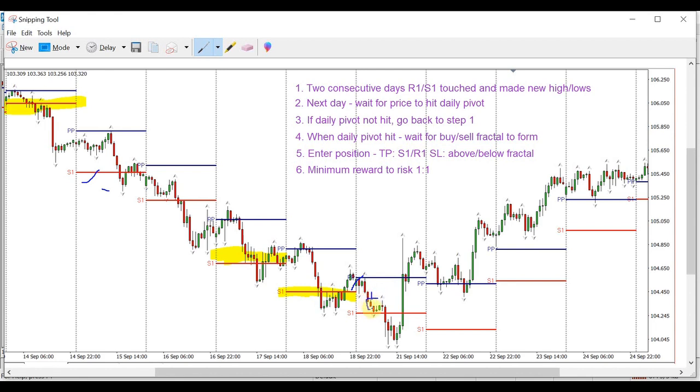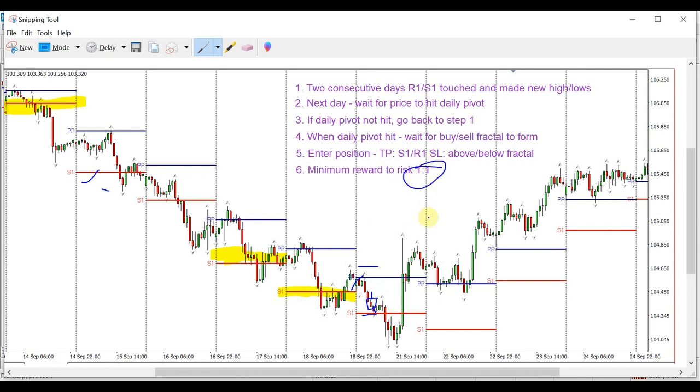Now in this particular example, you can see here we are quite close to S1, and if we're looking to put a stop loss here and a take profit at S1, you can see the reward to risk is nowhere near a 1-to-1.